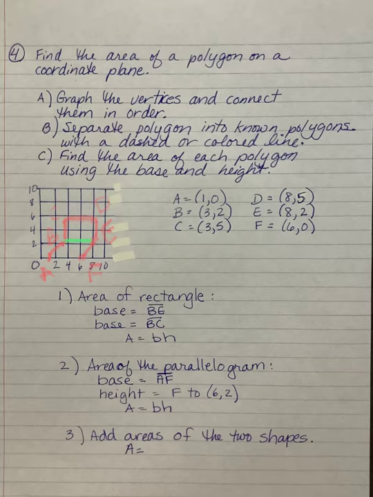From B to E, I have to subtract since they're in the same quadrant. I'm going to take the absolute value of 8 minus the absolute value of 3. So from 8 to 3, it becomes 8 minus 3, which equals 5.